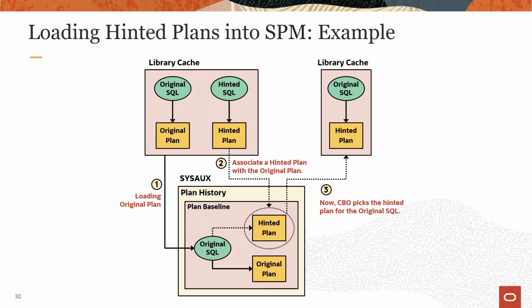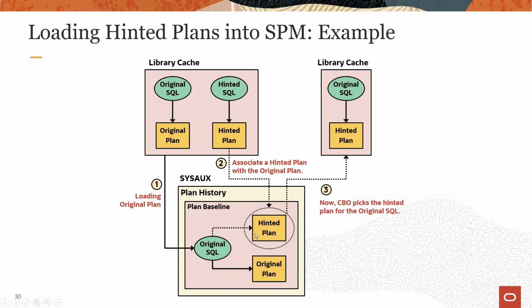This execution plan that was generated due to hints, you can then also upload into the plan history of the original SQL via the package DBMS_SPM, selecting that execution plan to be associated with that SQL statement history in the SQL Plan Management base.